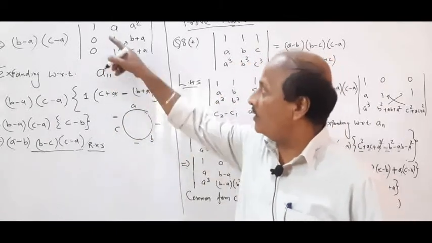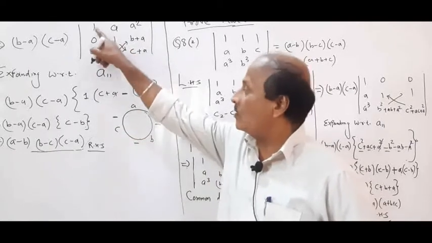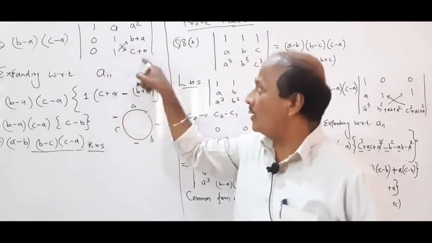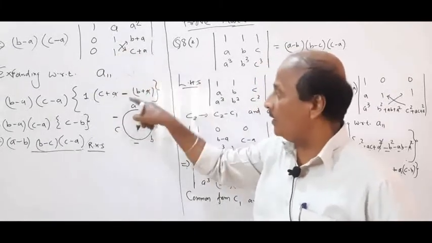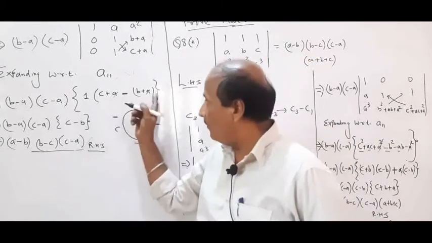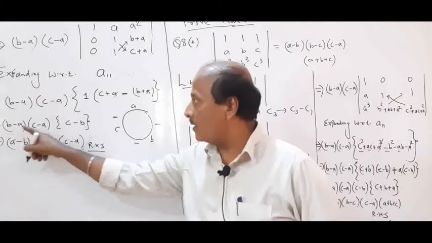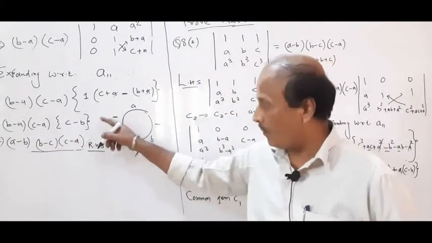So expand it just like a minor determinant. As soon as you expand, 1 will be out, then (c plus a) minus (b plus a), and in between a minus sign. Then a and a will cancel. So b minus a, c minus a, and c minus b will be our part of the answer.